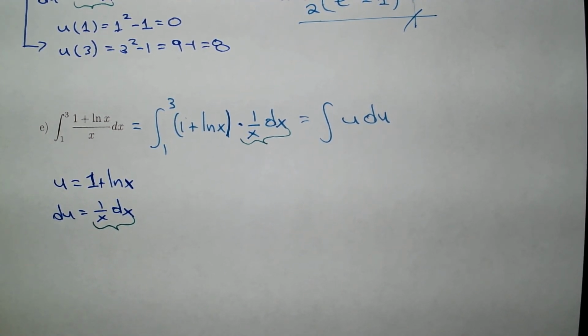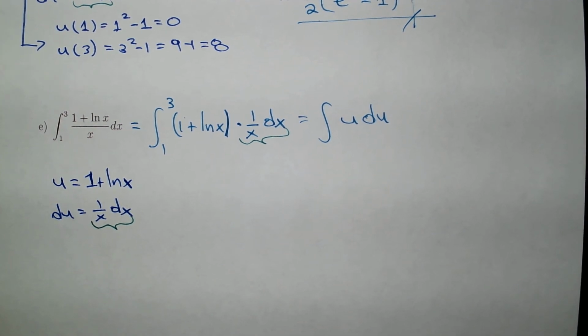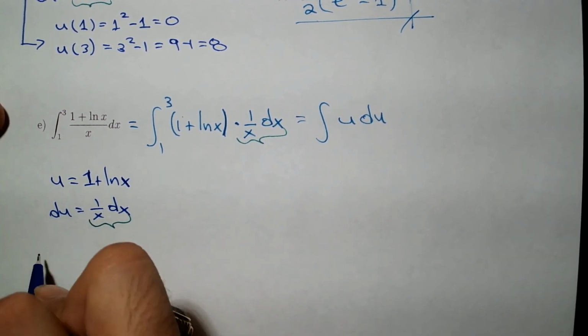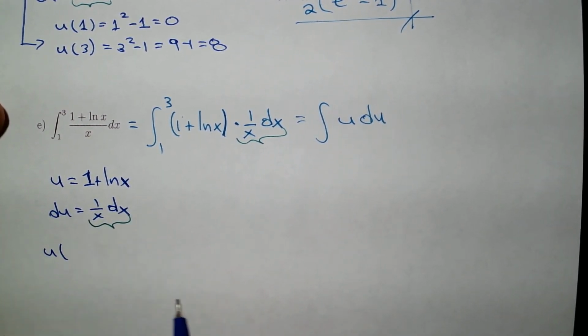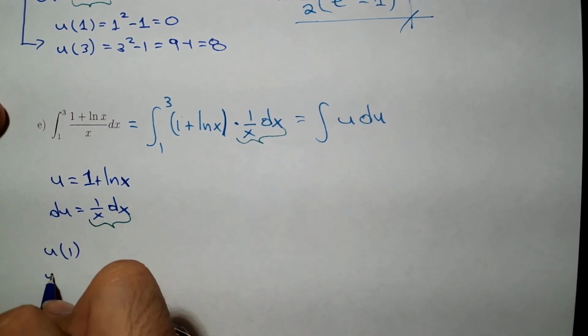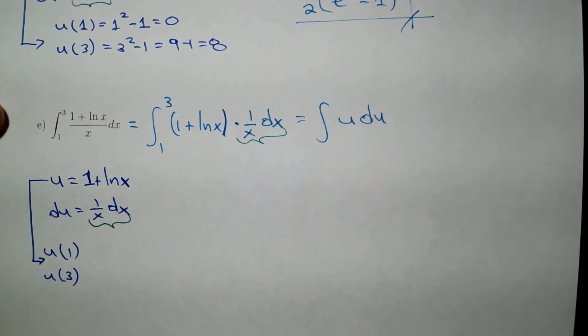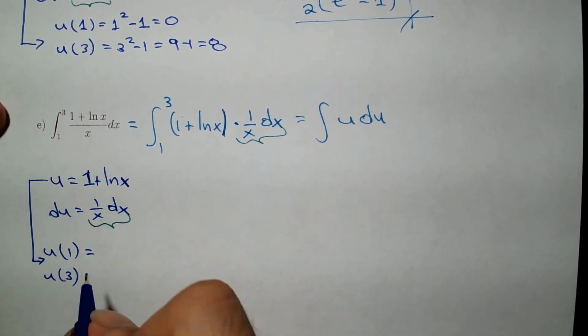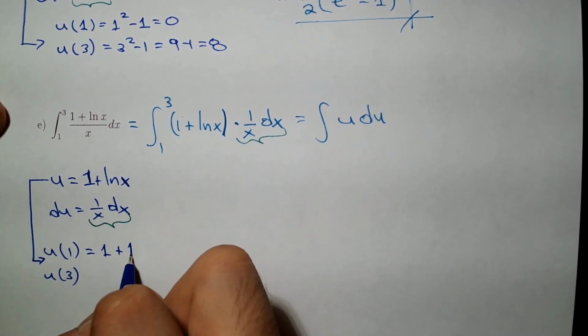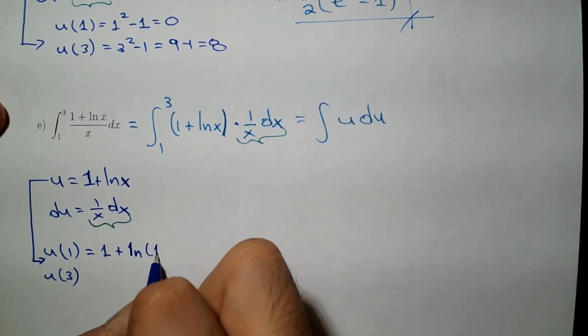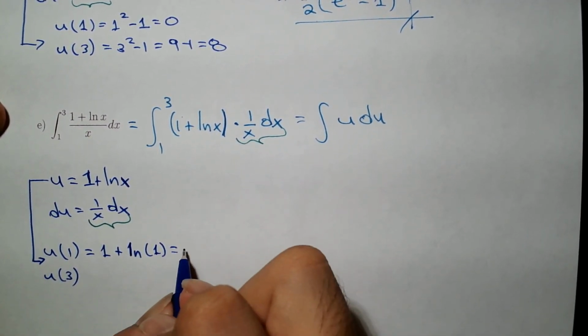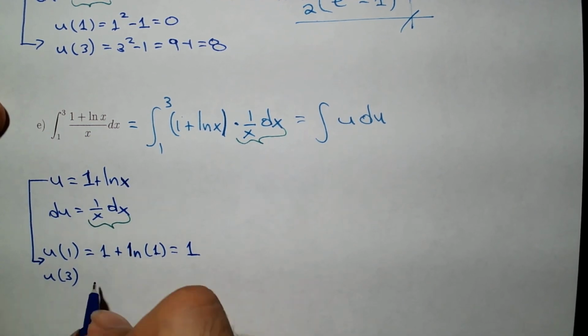See? So now let's change the limits into the new world. So u evaluated at 1 and u evaluated at 3. Okay, so we are going to have 1 plus ln of 1. ln of 1 is 0, that's going to give us just 1.